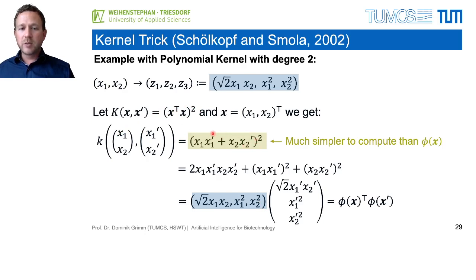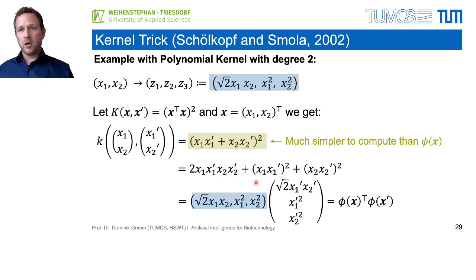This result implicitly maps the data into a higher dimensional space, which we don't have to compute because we already computed it here without solving it. So this is the feature map that this kernel describes. We compute the solution in the lower dimensional space implicitly for the higher dimensional space.